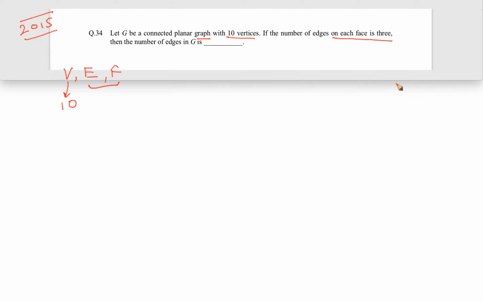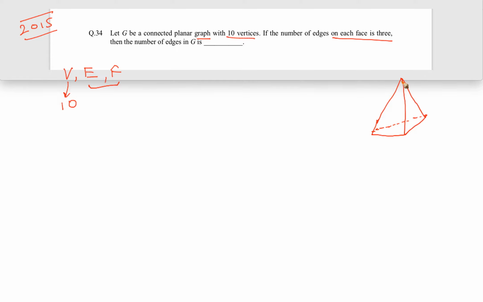So what do they mean by number of edges per face? Let's say a triangular pyramid. Let's try to create a triangular pyramid, something like this, and let's say this edge is not visible. The triangular base is there and then this pyramid stands.